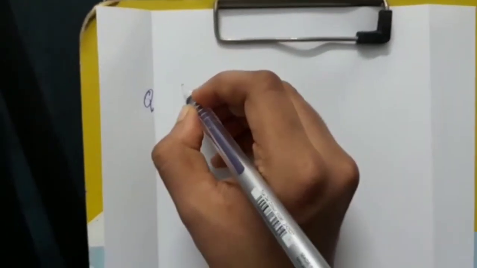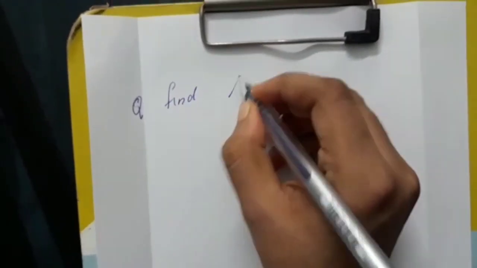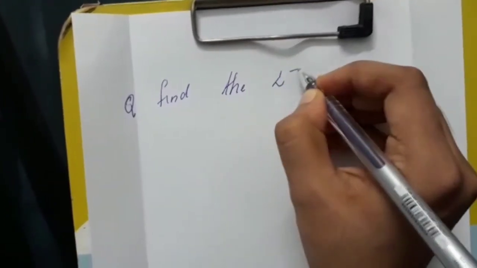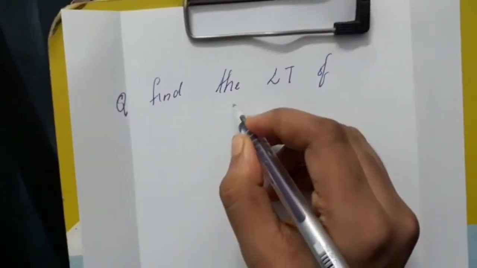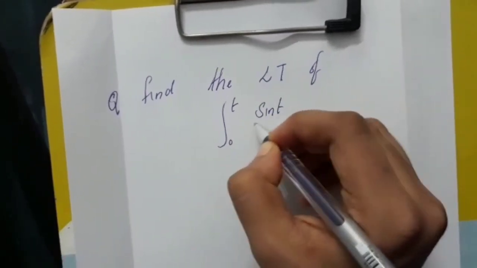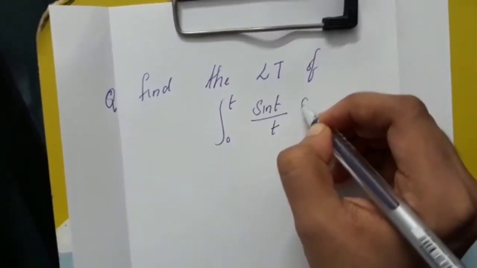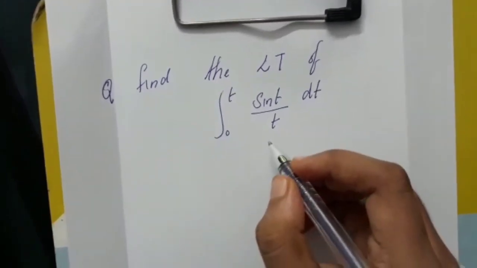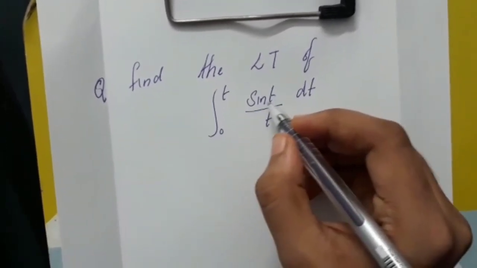The question is, find the Laplace transform of integral 0 to t sin t divided by t dt. So first of all, we need to find the Laplace transform of sin t.